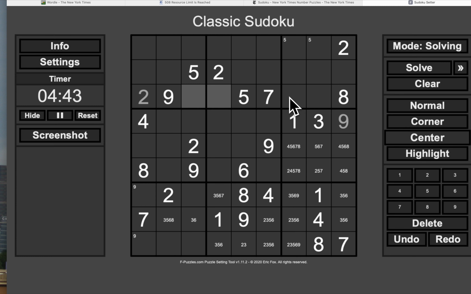What else can I do? This row 3 here. 2, 5, 7, 8, 9 says 1, 3, 4, 6 left to place. This is not 1 or 3. Okay, that might be moderately helpful. This is not 1. That's not 1. But that one could be just about anything.